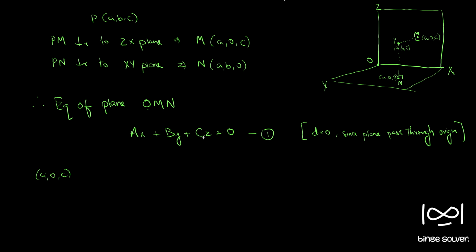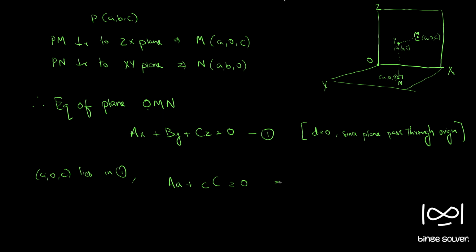The constant term is 0 because it passes through the origin. Now (a, 0, c) lies on equation 1. Therefore, we have A into a plus C into c equal to 0.